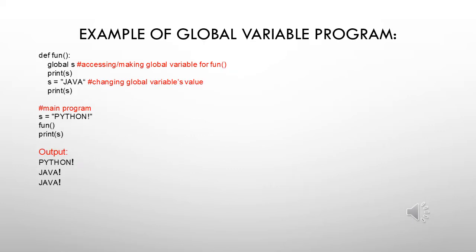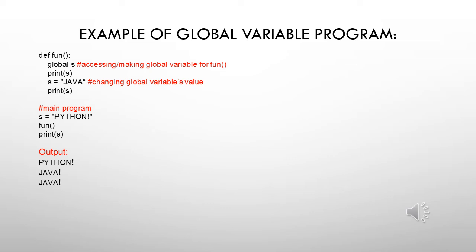Okay, let's take an example of a global variable. In this program, in the main program body, we assign a string called Python to the variable s. In the next line, we call the function f1. In the function, we declare s as a global variable, which means the variable s can be accessed by the main program.